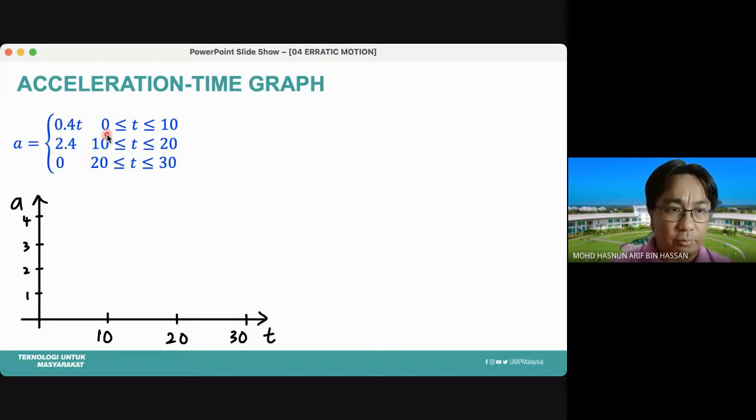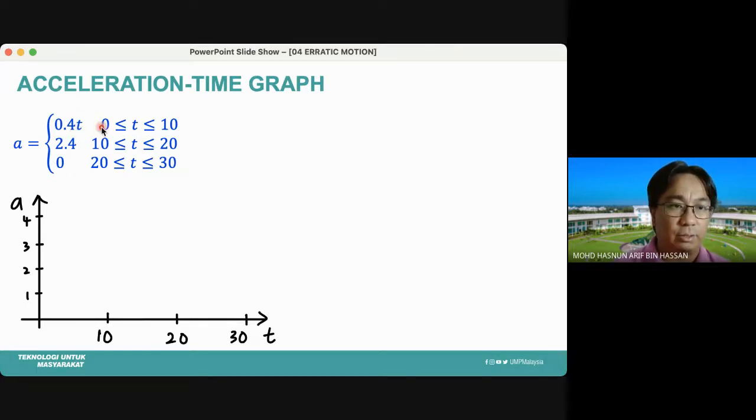Okay, so from 0 to 10 seconds, we know that a = 0.4t here is a linear graph. It's a linear function. So what you can do is you pick 0, the lower limit of the duration of the phase, and key in here.